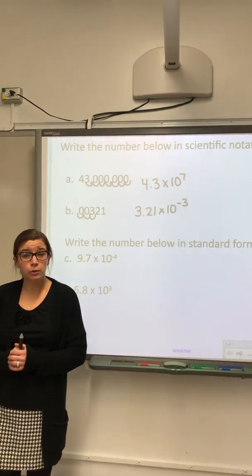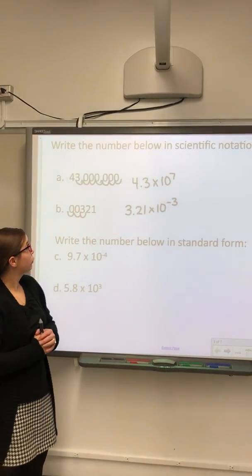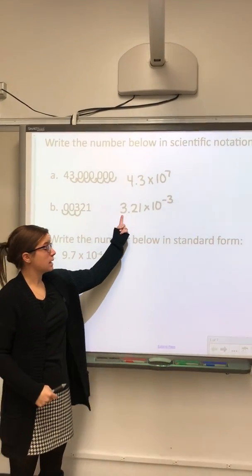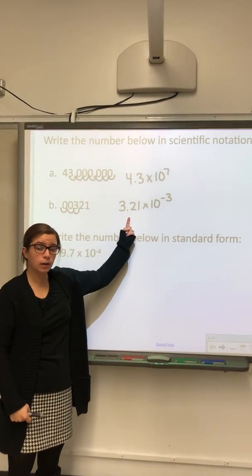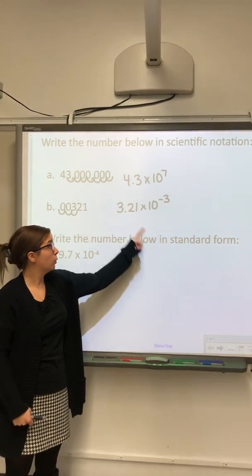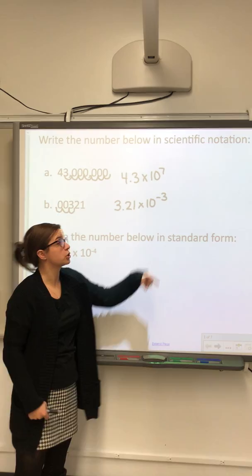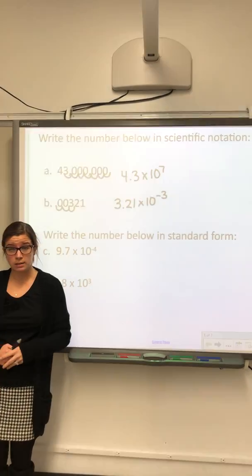Okay, as a review, when you're writing a number from standard form into scientific notation, the base has to be greater than 1 but less than 10, always times 10 to the power, which is how many places you moved your decimal.